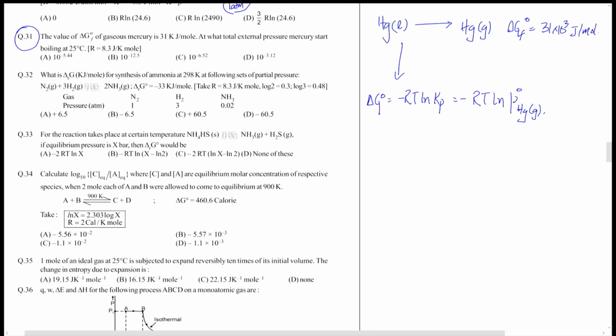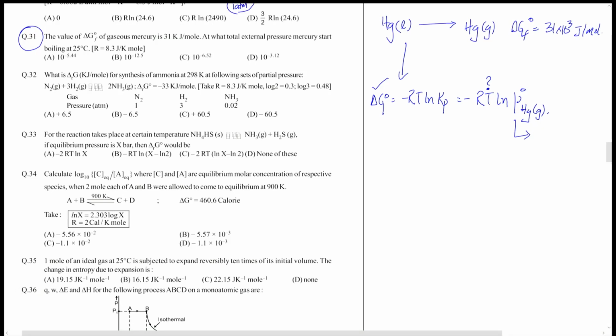In this question, delta G naught is given to you, temperature is required, and P naught, which is the external pressure, that is asked actually. The temperature is 25 degrees Celsius, so this temperature is given as 298 Kelvin. This is what is asked.